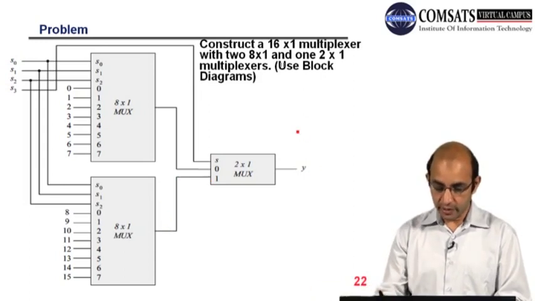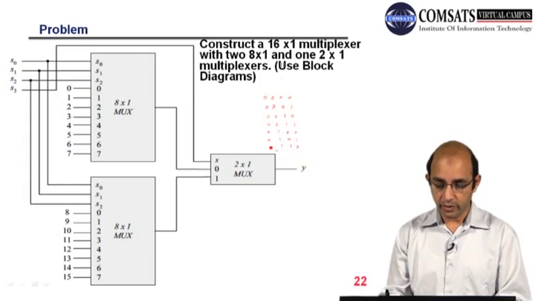If I write down the combinations for S0, S1, S2 and S3, we have 0 0 0 0, 0 0 0 1, and so on up to 1 1 1.